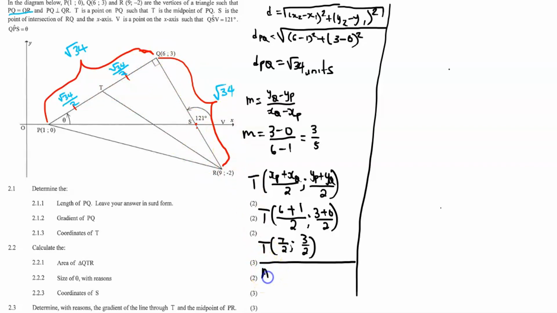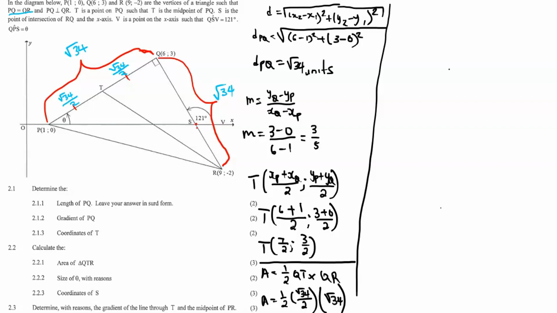So that means the area is equal to half the base, and the base we can just say is QT, multiplied by the perpendicular height, which in this case is QR. Then the area is equal to half of QT, which is root 34 over 2, times QR, that is root 34.